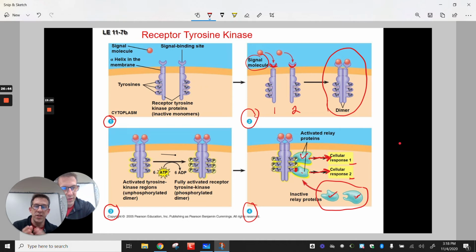So this is another way for our cells to take a chemical from the external environment and basically start a signal pathway inside of the cell that's going to create some kind of cellular response.